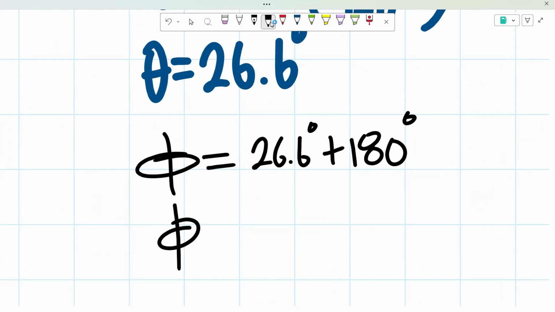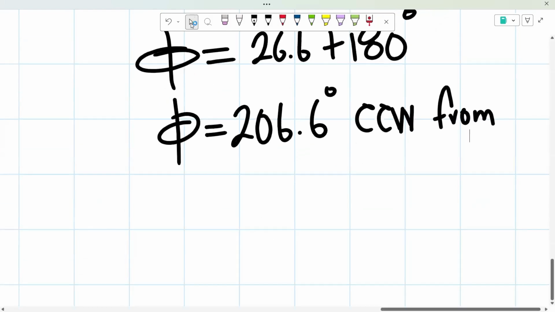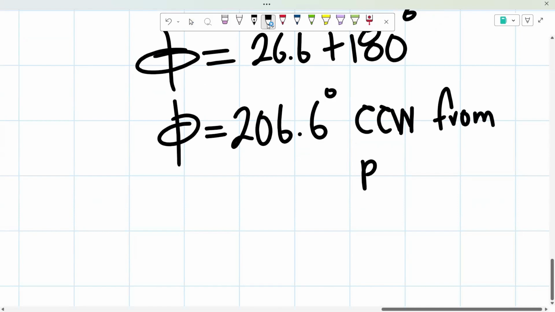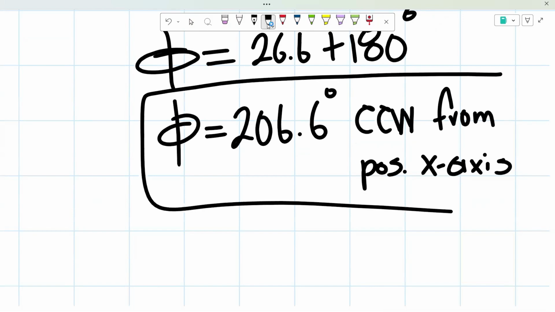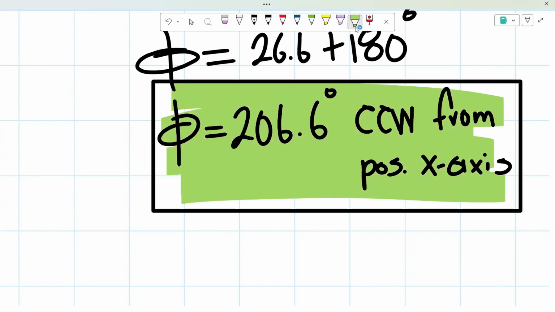So that means that our phi is equal to 206.6 degrees going counterclockwise from the positive x-axis. And just like that, we were able to finish this example.